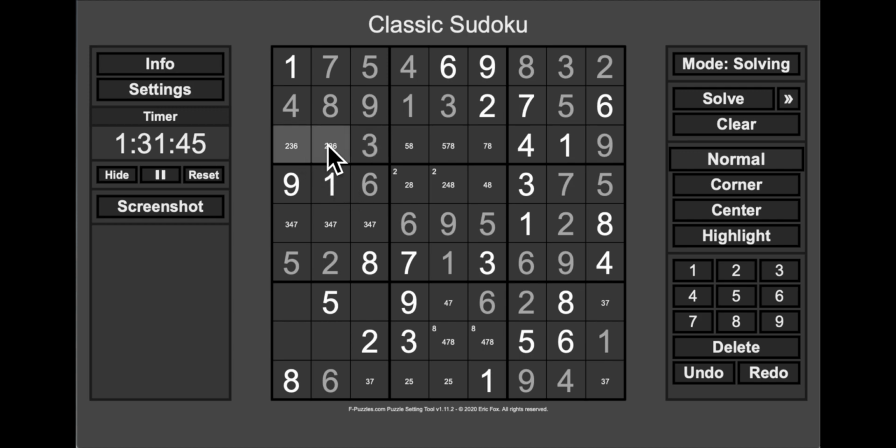And now we're back to a different digit that has a problem in box 1, because this one can't be any of 2, 3, or 6.